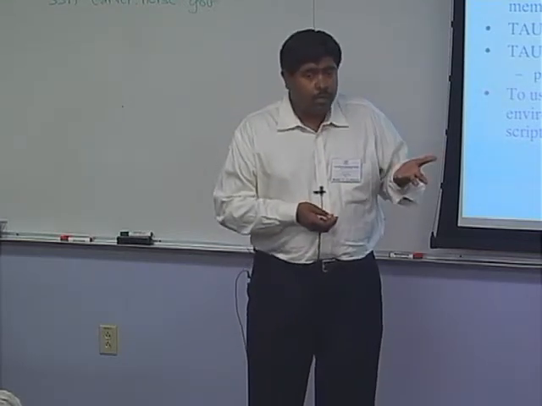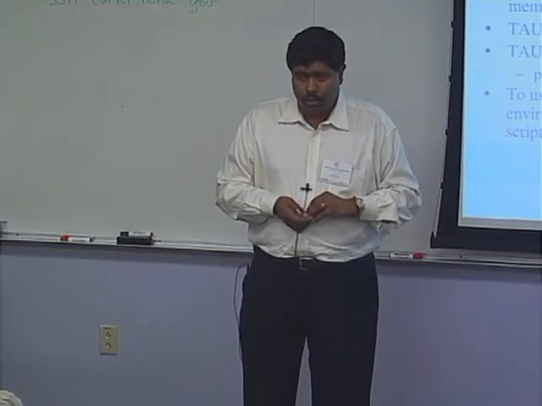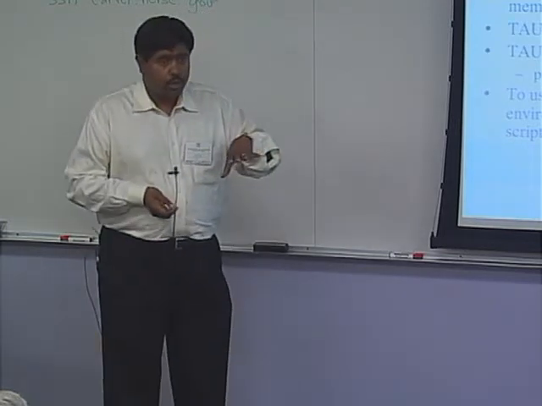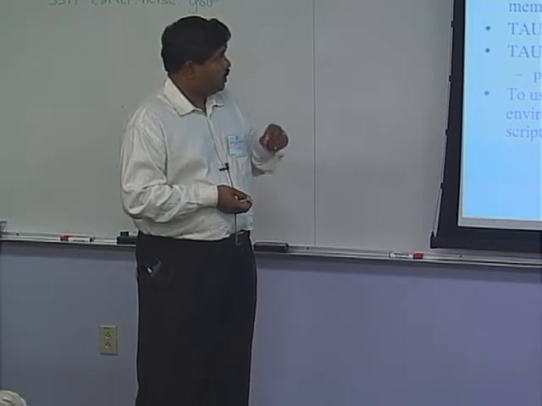We use a package called PAPI to get access to that low-level information. But TAU can highlight the cost of your code using both wall clock time and the hardware performance counters.